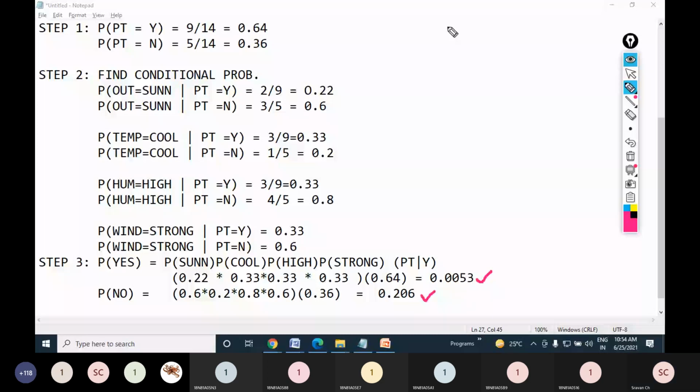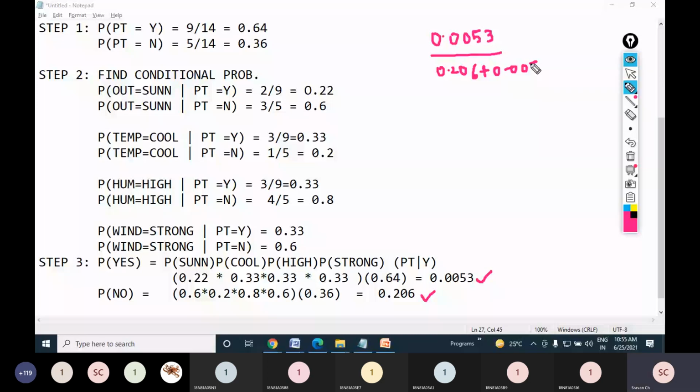See here, 0.0053 divided by 0.206 plus 0.0053. For this, what is the answer I want?